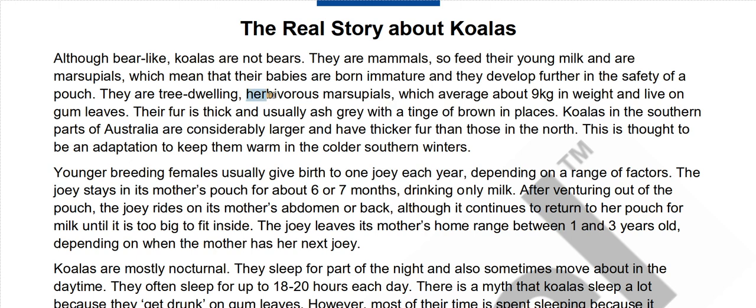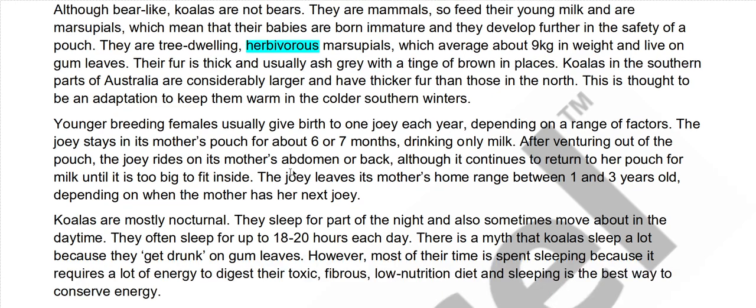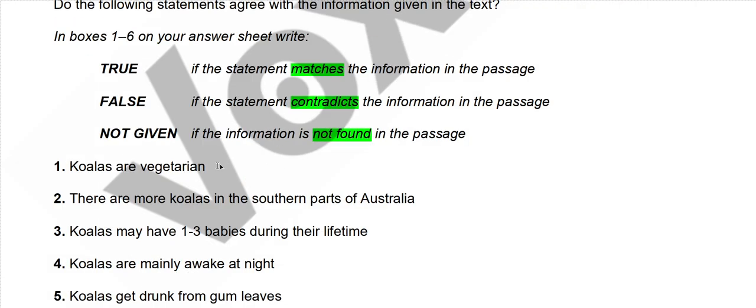Herbivorous means they do not eat meat. And what is the word for those who eat meat? Yes, carnivores. So, sorry about that. Koalas are vegetarian: true. I was just trying to explain to you and then I wrote it by mistake.